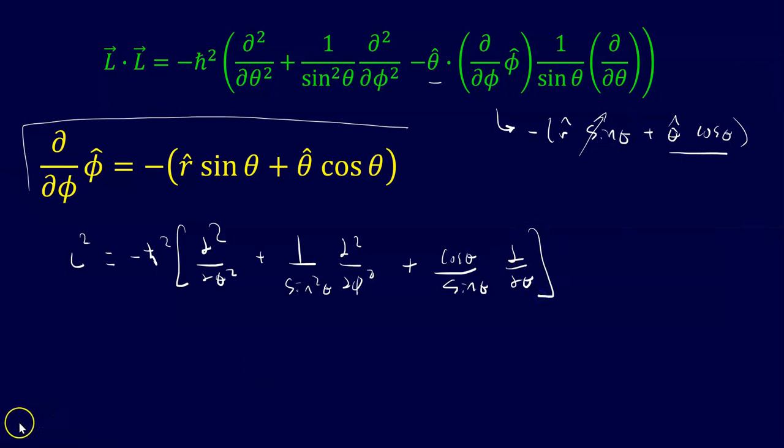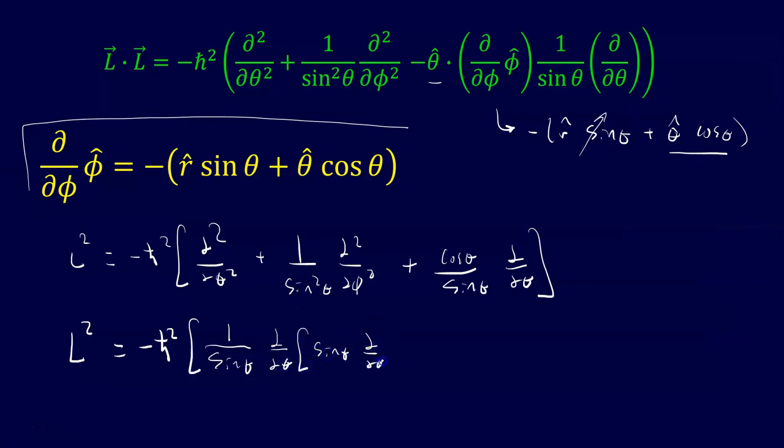And so let's take this and explore this a little bit. So now what I want to do is you'll typically see this written this way here, just a little bit sneakily, basically in a more compact form. This is 1 over sine theta, and then derivative with respect to theta of sine theta d theta.